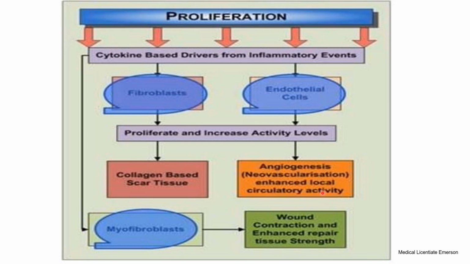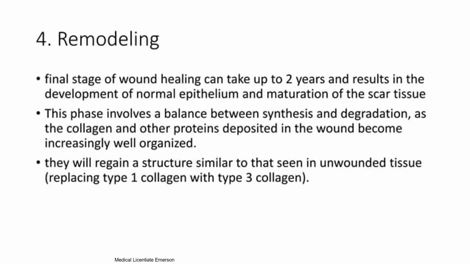Together these mechanisms, the cytokine-based events, also lead to myofibroblast formation, which leads to wound contraction and an enhanced repair tissue state. Then the last stage, which is remodeling. The final stage of wound healing can take up to 2 years, and results in the development of the normal epithelium and the maturation of the scar tissue.